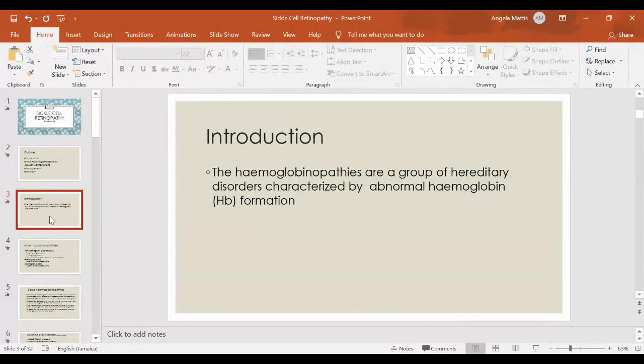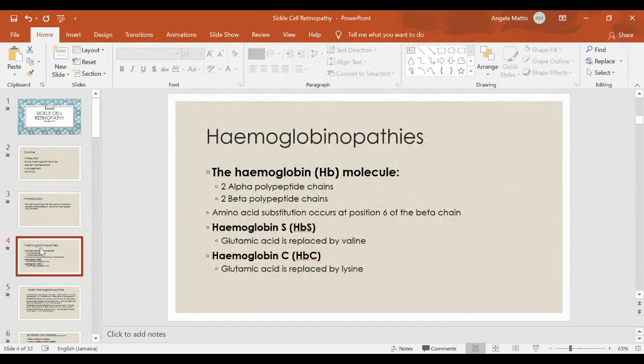So, let me clear my throat. The hemoglobinopathies are a group of hereditary disorders, characterized by abnormal hemoglobin formation. And this first part is really just a refresher course. So you know that there is the hemoglobin molecule, and it consists of 2 alpha peptide chains and 2 beta polypeptide chains. And there is an amino acid substitution, and this is a point mutation.